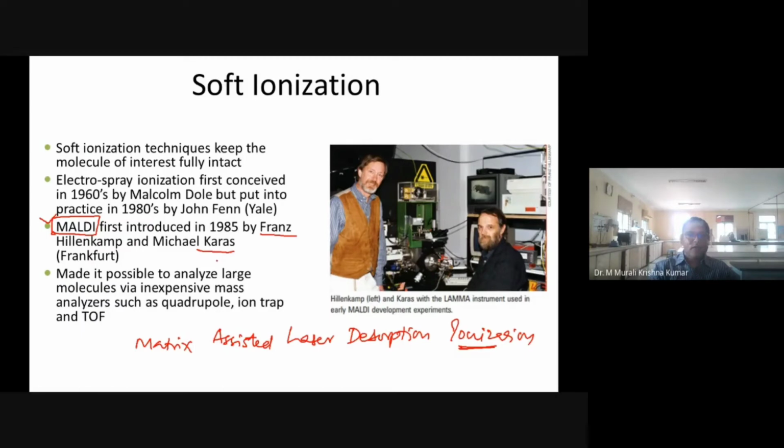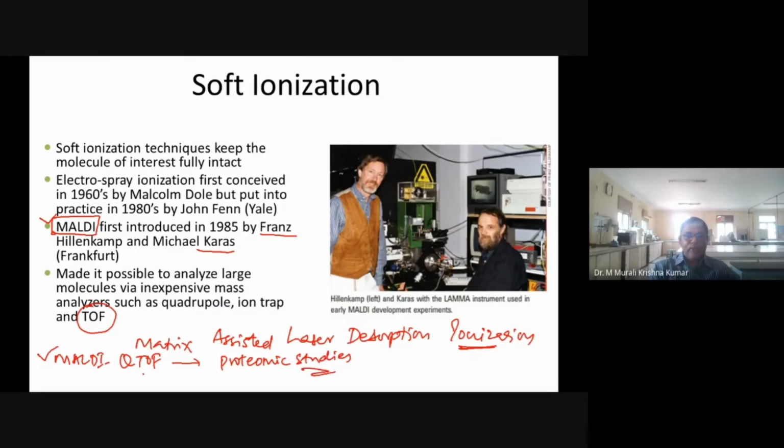Later on, MALDI was coupled with a time of flight analyzer, so that MALDI-TOF or MALDI Q-TOF. We will discuss this combination in detail. Right now, this is an indispensable tool in proteomics studies.